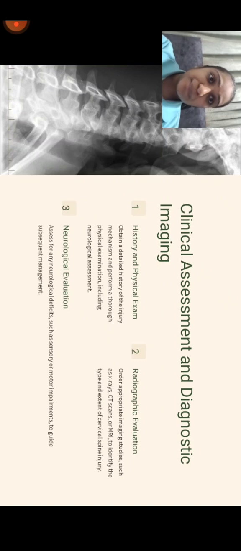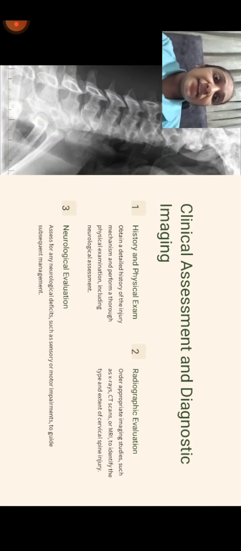Backboard or stretcher: patients should be moved and transported with the spine fully immobilized on a rigid backboard stretcher. Log rolling technique: when repositioning the patient, use the log rolling method to maintain spinal alignment and avoid further injury.